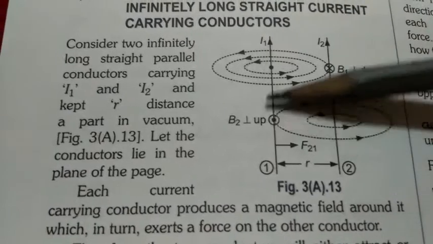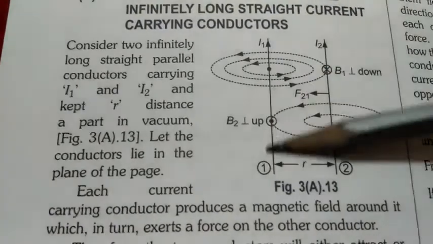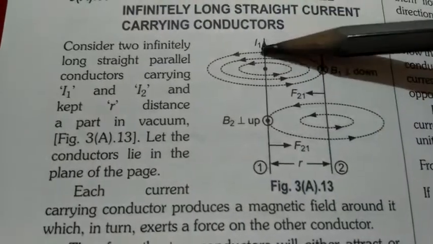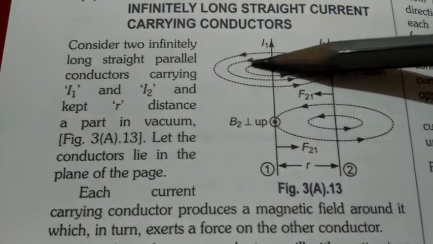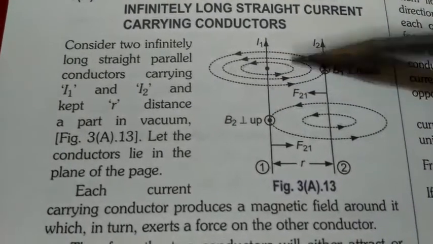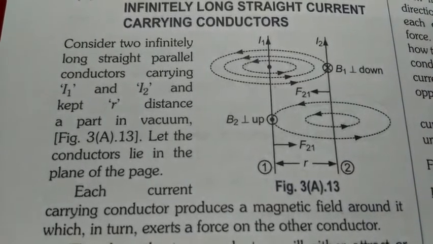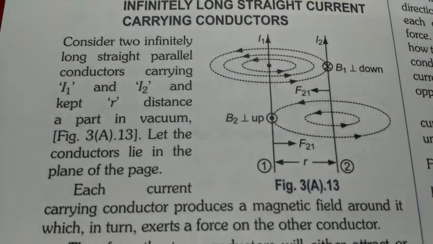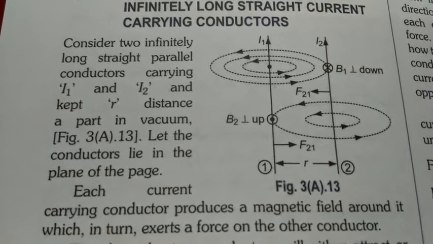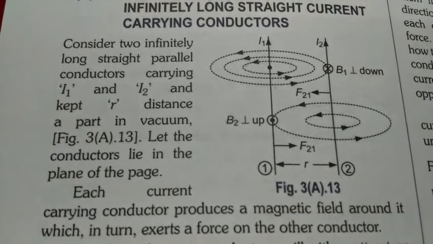Because of the first conductor, current I1 is flowing, so a field B1 will be produced, and that field will apply some force on conductor 2 in which current I2 is flowing.